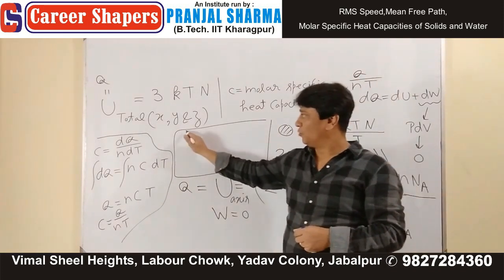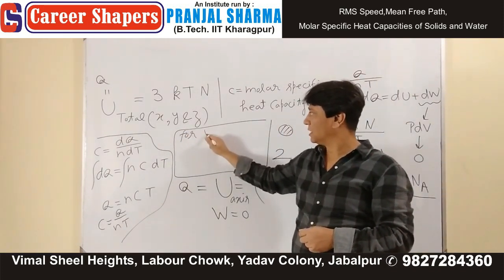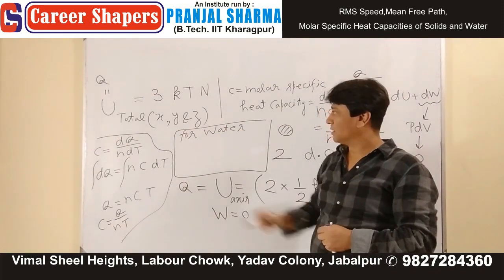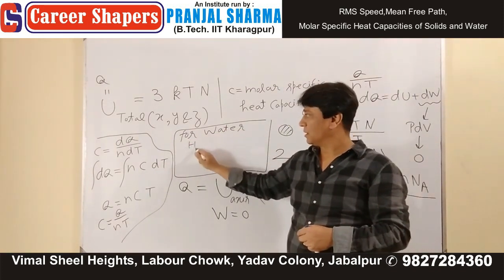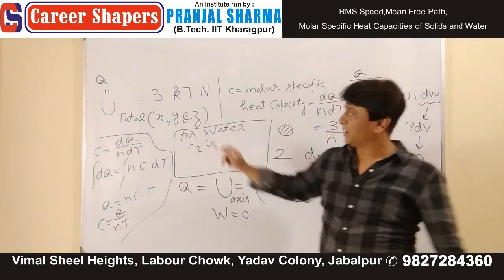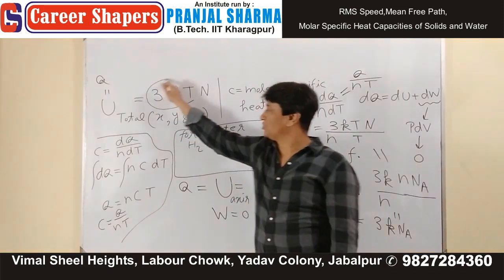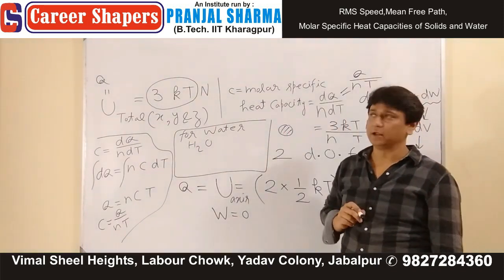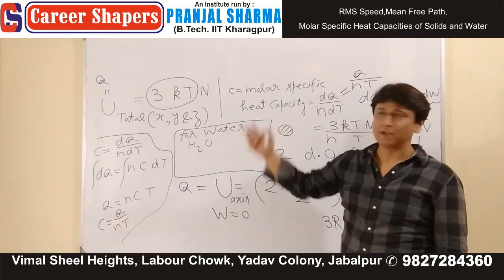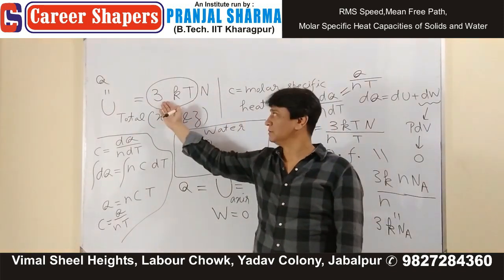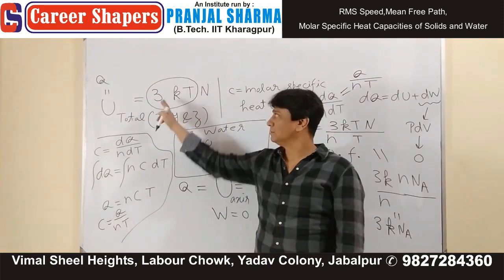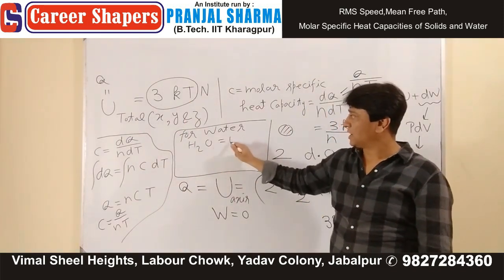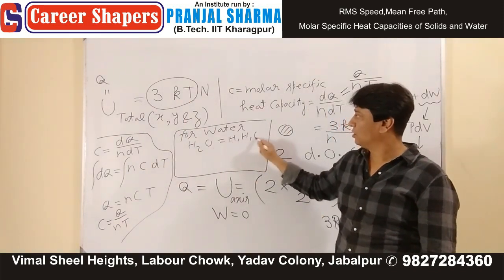For water, you see, total energy of an atom is coming what? 3 kT. If you take n molecules, n times. For 1, 3 kT. H2O is what? HHO.